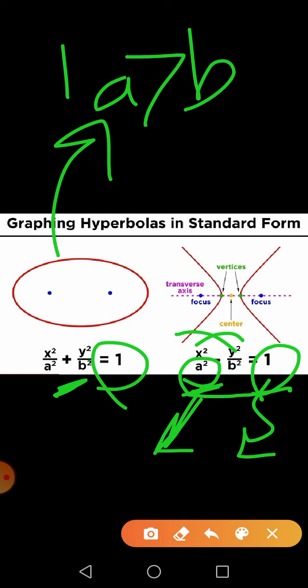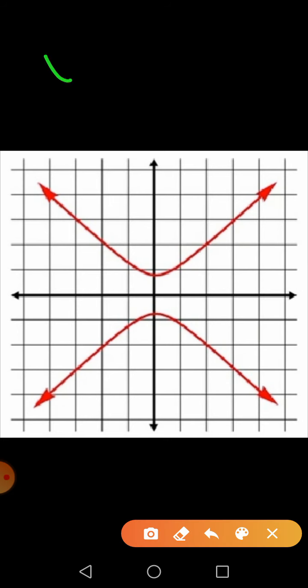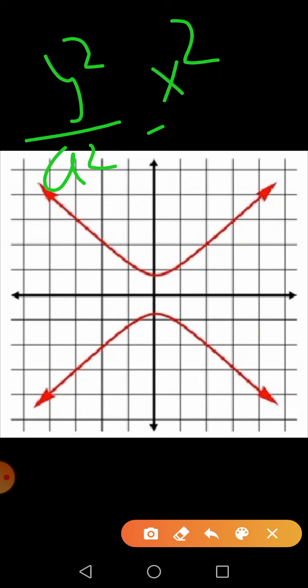Okay, let's see. Once it will be like this, which means y is first. So the equation here will be y squared over a squared minus x squared over b squared equals 1, as it's around y.